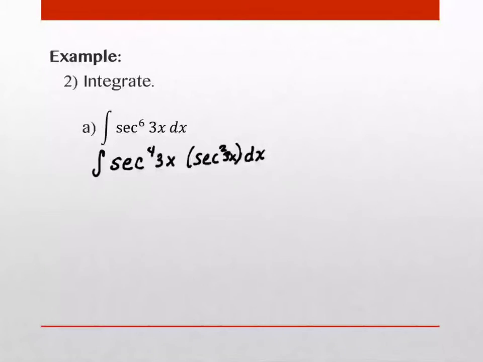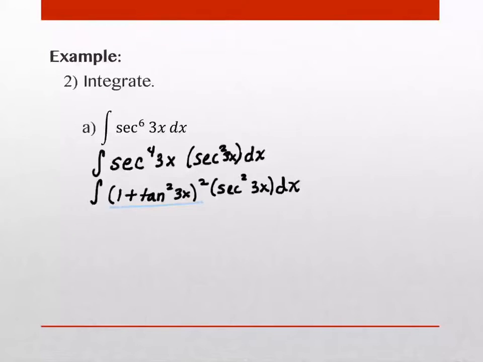We're going to take this secant to the power 4, and we're going to rewrite this as 1 plus tangent squared of 3x, because that's our angle, squared. And this piece looks and feels a lot like the problem we did earlier, where we have to FOIL it out, right?